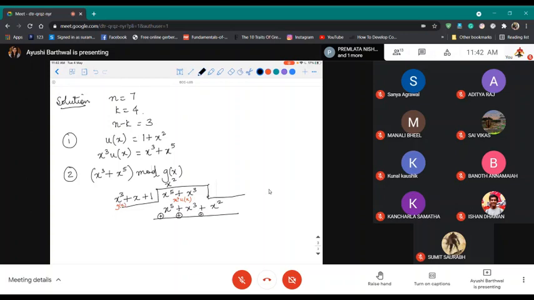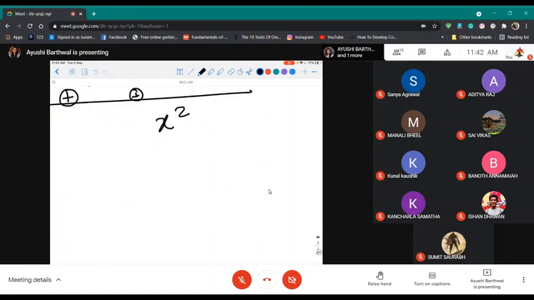So x5 XOR x5 will be cancelled, similarly x cube and x cube will be cancelled, and we will be left with 0 XOR x square. So that would be x square only.